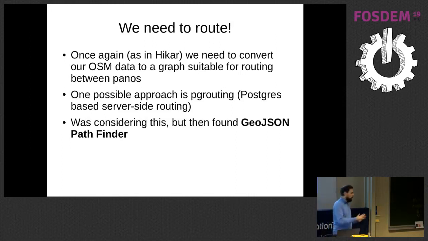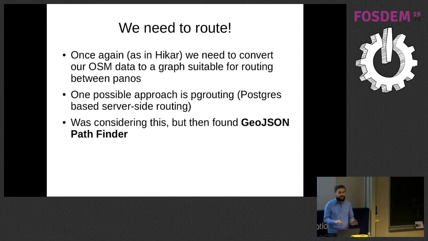So what approach have I used for creating the graph and doing the routing? Possibly the most well-known is pgRouting, which is a Postgres-based routing algorithm which works on a Postgres database with PostGIS enabled.